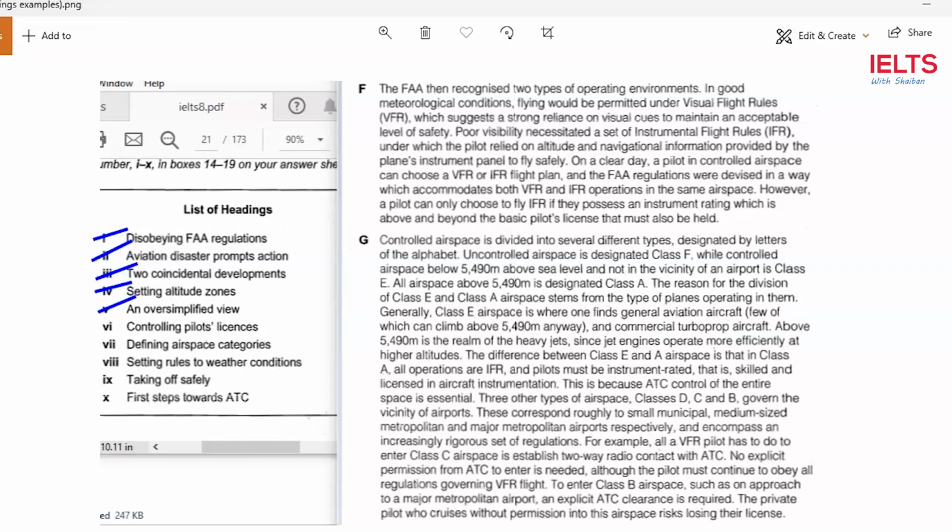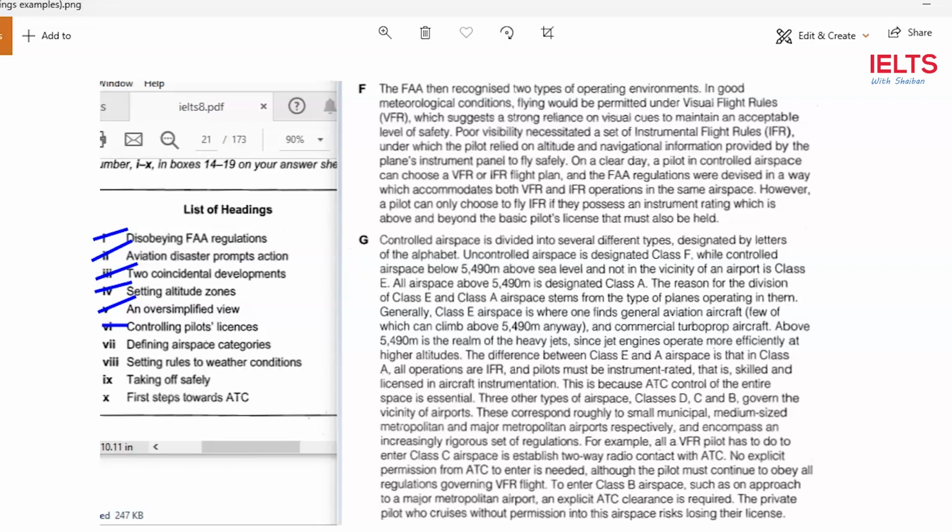Controlling pilots, nothing about this. And defining airspace categories, no, nothing about this. Then we have setting rules to weather conditions.